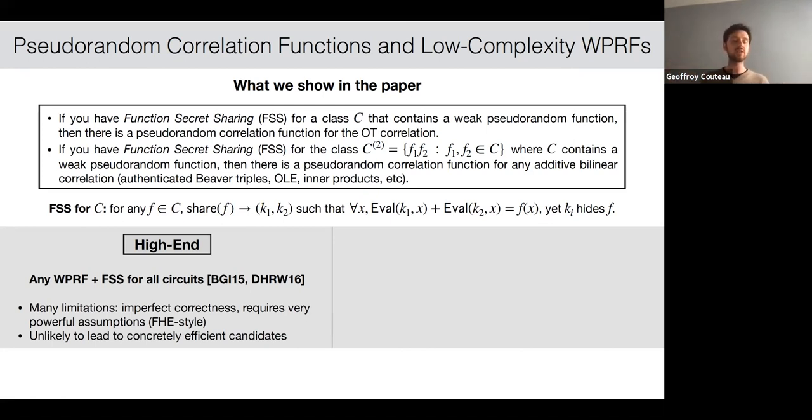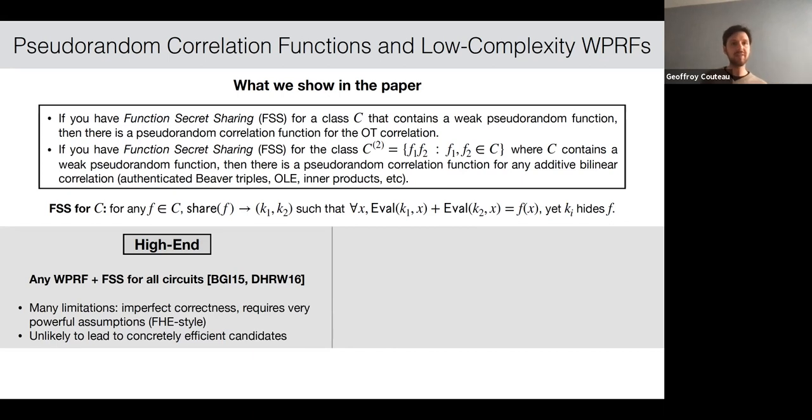And if you use that together with any weak pseudorandom function, which you can implement in P/poly, then you do obtain a construction of a pseudorandom correlation function, but it has many limitations. There is some imperfect correctness, which is maybe a technicality, but it also requires very powerful FHE-style assumptions, and it's very unlikely to lead to concretely efficient candidates.